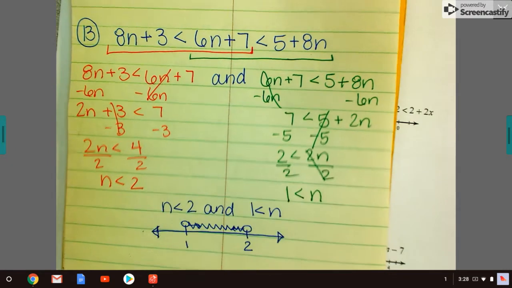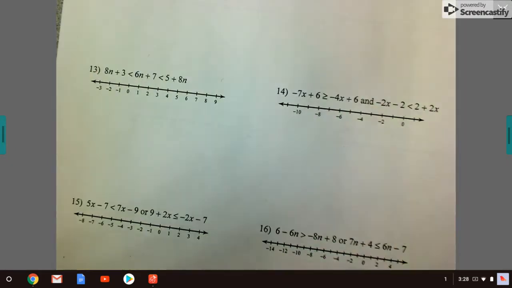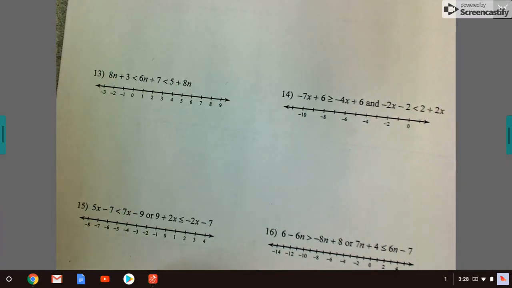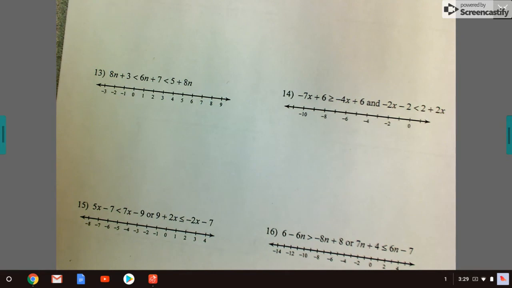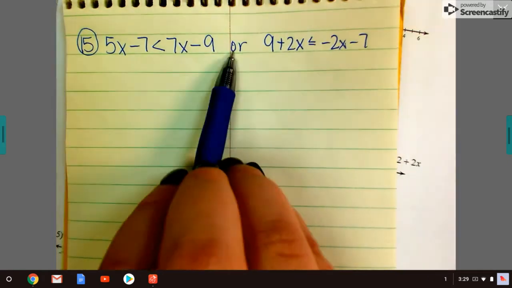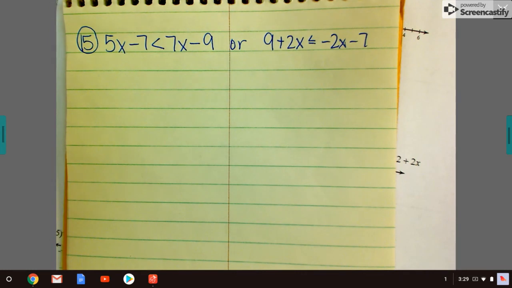Let's also look at number 15. Let me rewrite it for us. All right, there we go. So there's number 15. This one's an "or" statement, but it's very similar in that we're going to solve on each side separately.